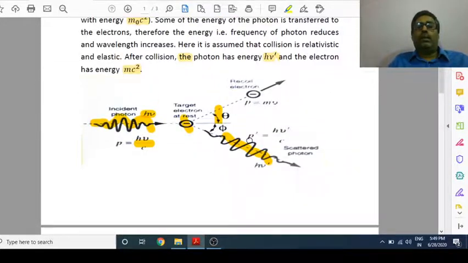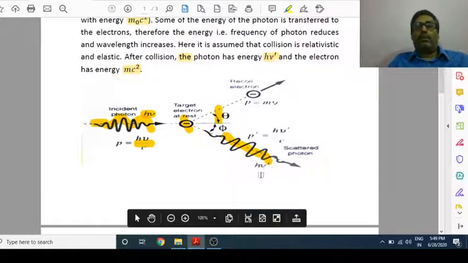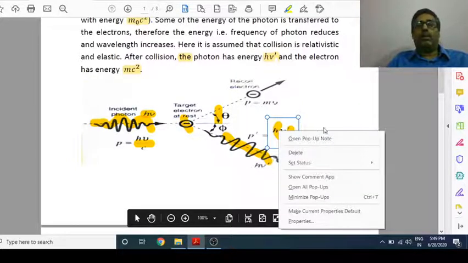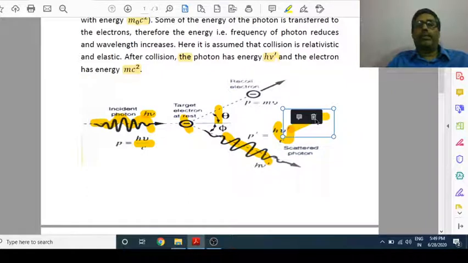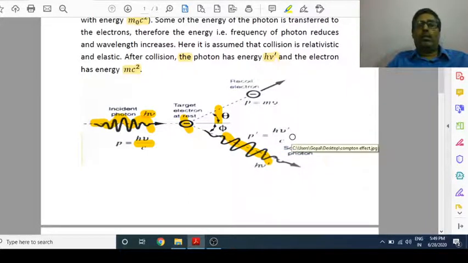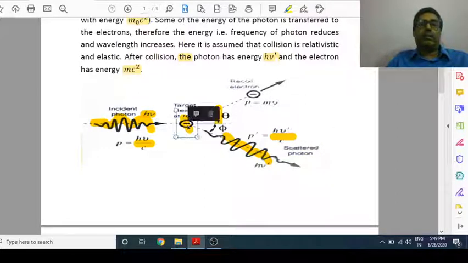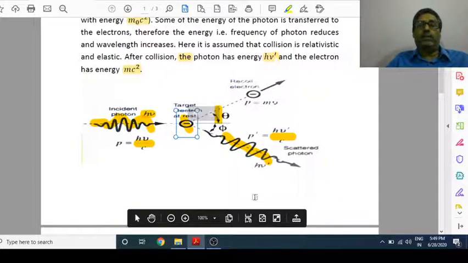After collision, the momentum of the photon is h nu dash by c; the division sign is not visible here, but it is h nu dash by c. Its component is h nu dash by c cos theta this side, h nu dash by c sin theta this side along the y-axis. Here mv cos theta, here mv sin theta this side.